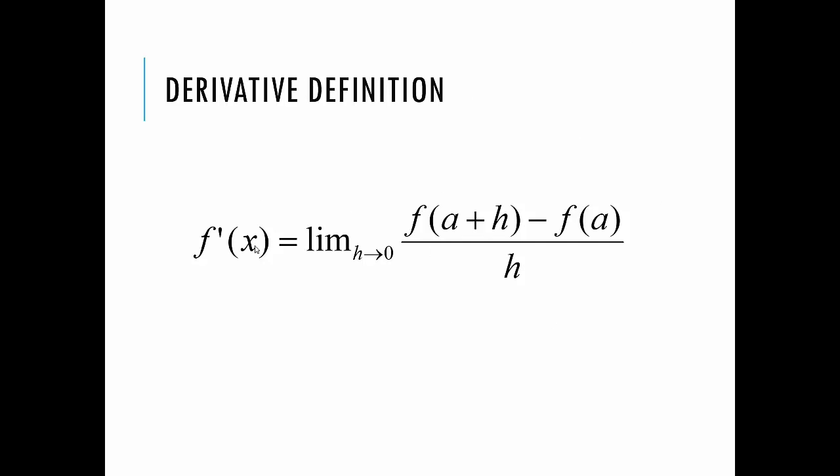This definition here is the definition of a derivative. So this little prime thing says the derivative of my function is found by taking the limit of my change in my y's over my change in my x's. So it's giving me the slope of my tangent line.